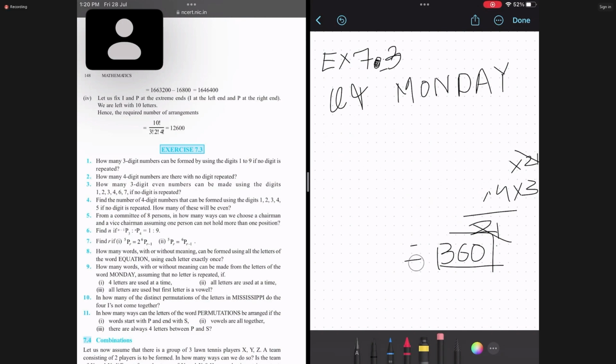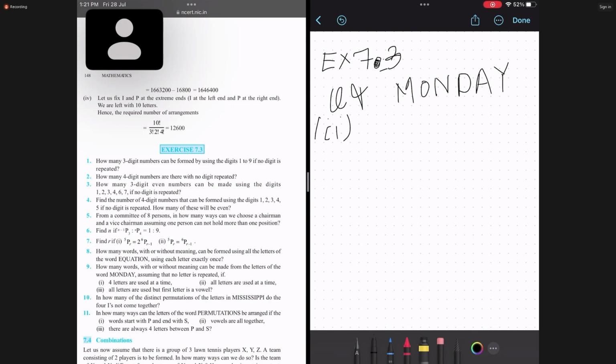Moving on to the second part. The second part says that we have to use all the letters. As we did in question number 8, there is no restriction upon us. So in the second part, we are just going to do 6P6, permuting all the letters at once, and that is nothing but 6 factorial.